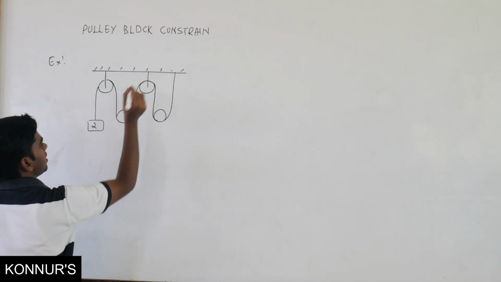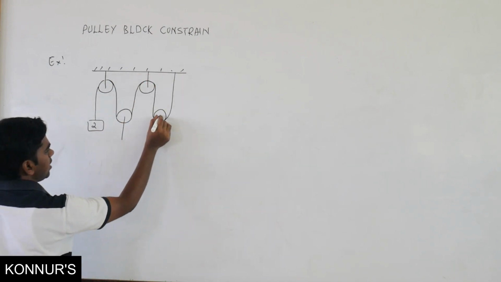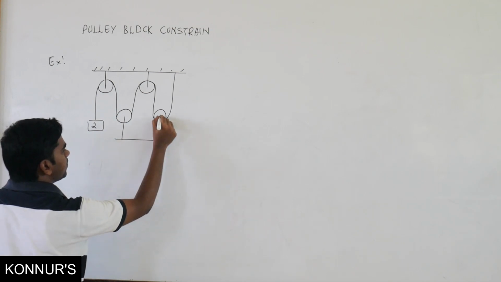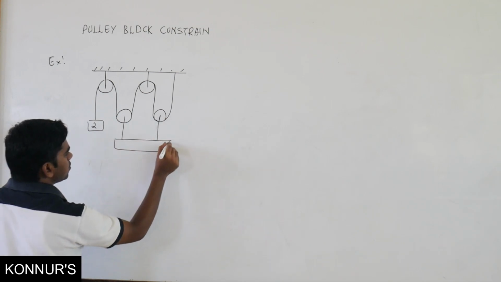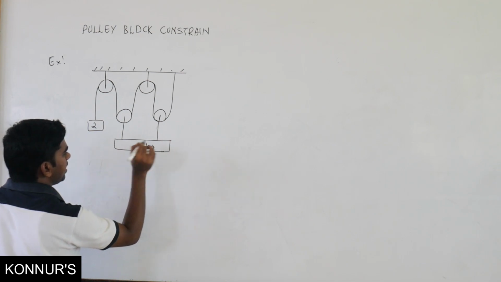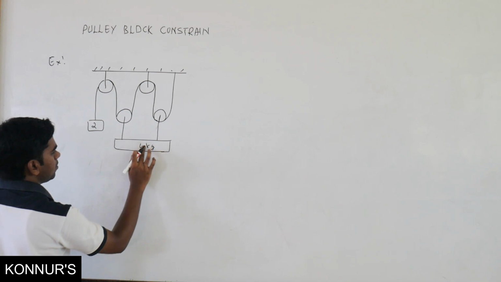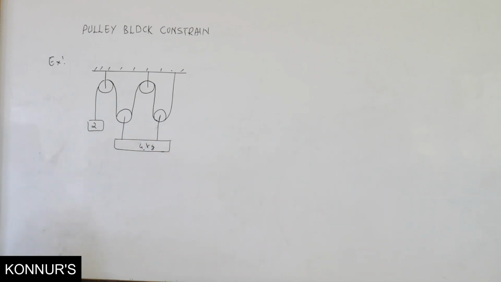Now this pulley is also connected here. To this and this pulley together a mass of 4 kg is connected. Now they will ask what is the acceleration of this one or this one.